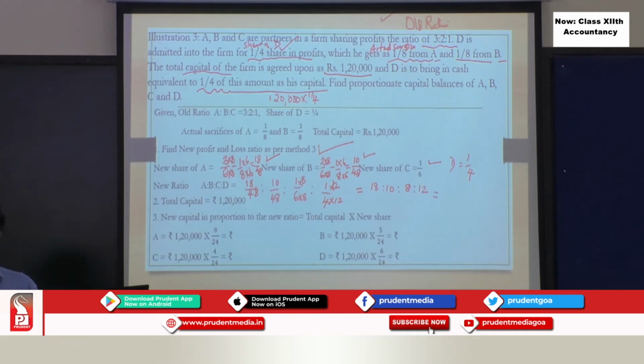This is not the final ratio. Please remember, a ratio should be expressed in the shortest way possible. So, can we divide 18, 10, 8, 12 by a common number? Yes, we can divide all of these by number 2. So, we can minimize them. 18 by 2 will be 9 is to 5 is to 4 is to 6.